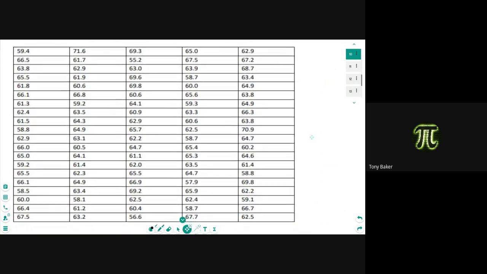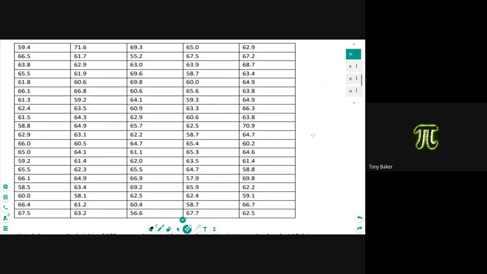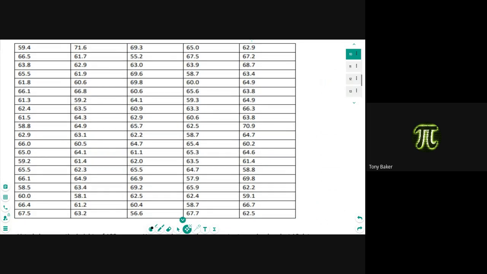There's 100 heights here. How many classes do you think we should do? So remember, classes is arbitrary.